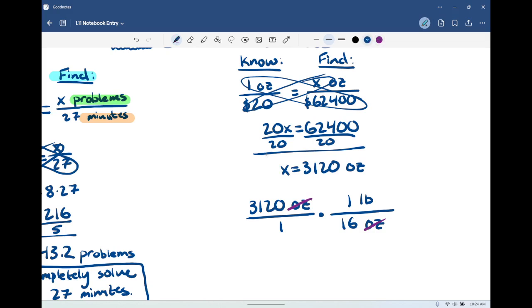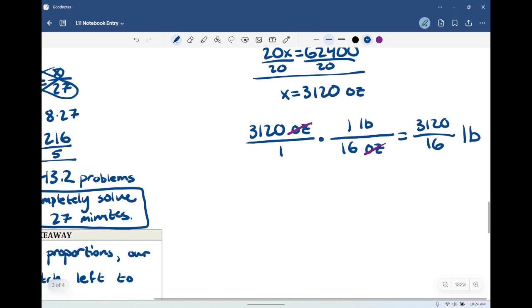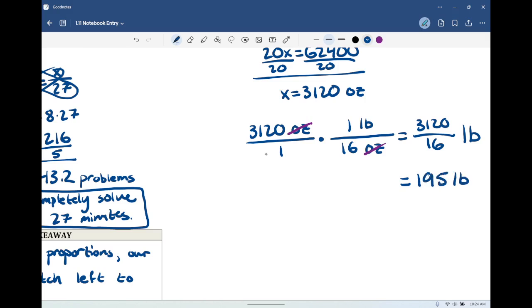And so I'm going to have 3120 times 1, that's 3120 over 1 times 16, 16 pounds. Now, this fraction doesn't do me a lot of good. And so just like how we talked about previously, I actually want to get this to either a decimal or a whole number. Help me out, use your calculators. What is this in pounds? Jose? 195 pounds.